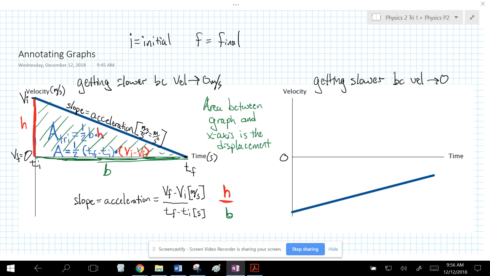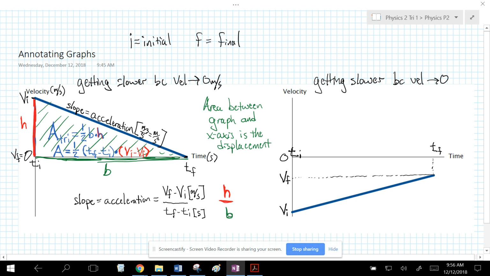You look at the next graph, it's getting slower, but it doesn't slow all the way down to 0. So you're going to have kind of a similar thing going on here. I've got VI happening at TI. But then over here at TF, there's where my final velocity would be on my axis.